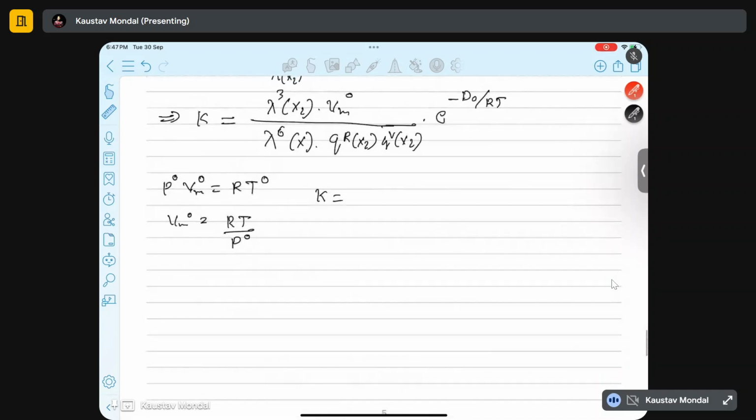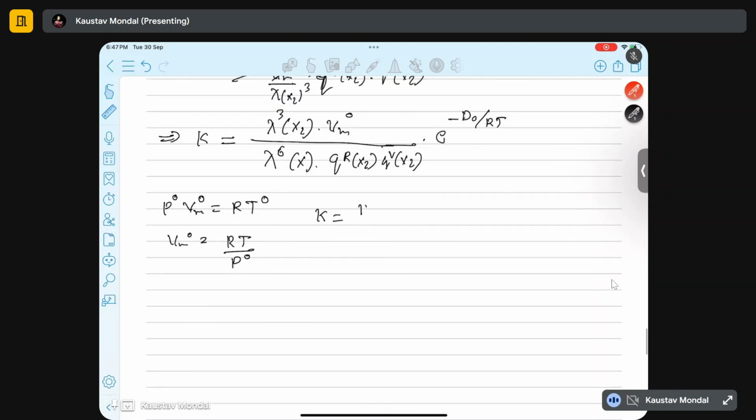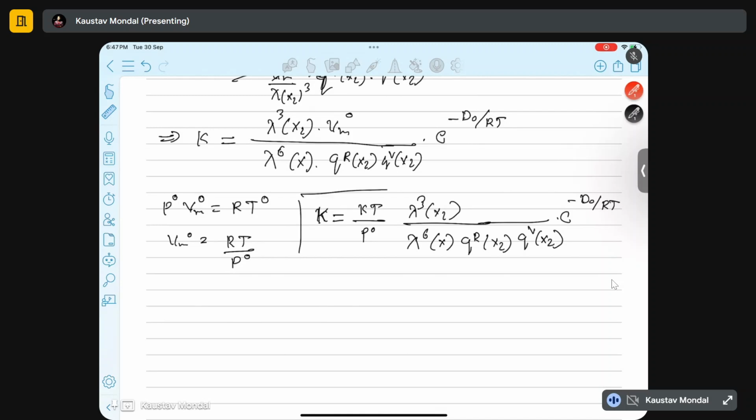So you can write the K as, instead of Vm0, kT by P0 into lambda cube to the power x2 by lambda to the power 6x, qr x2, qv x2, into e to the power minus delta E0 by RT.